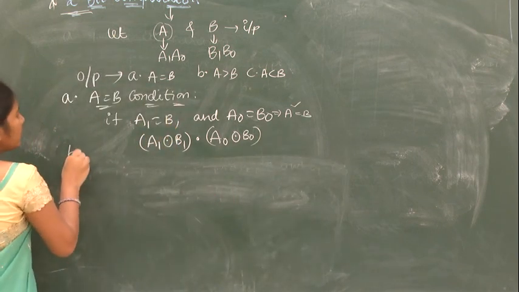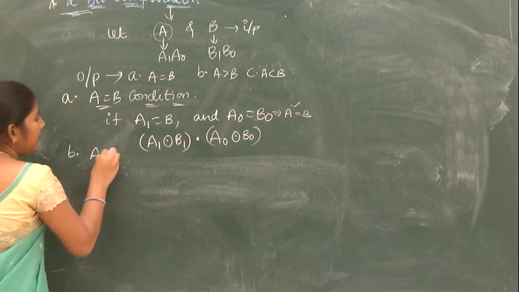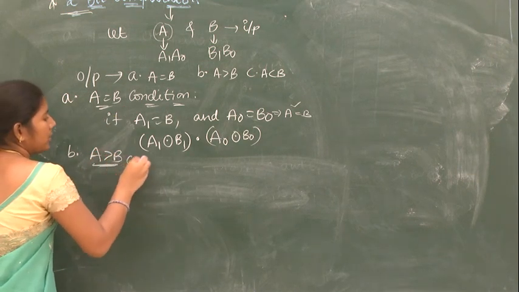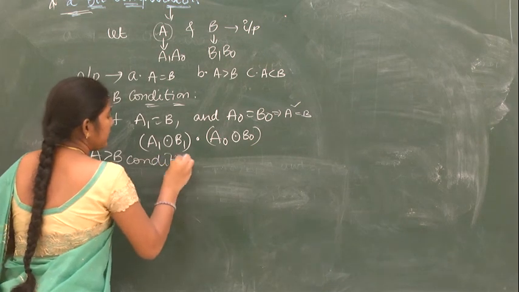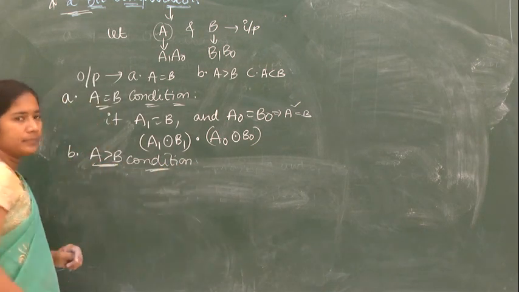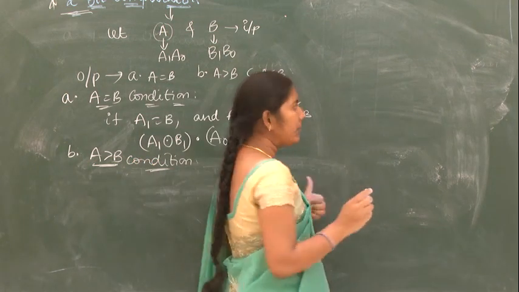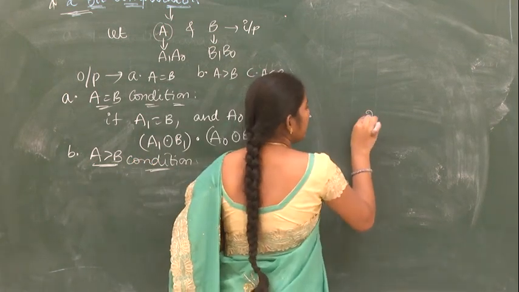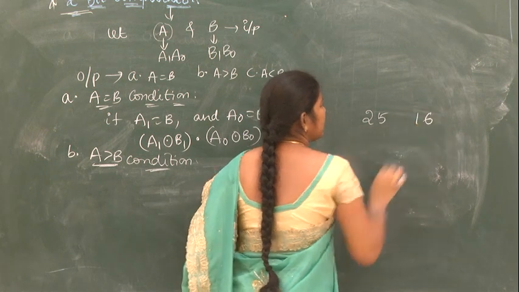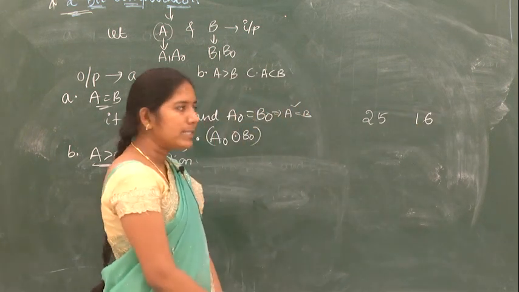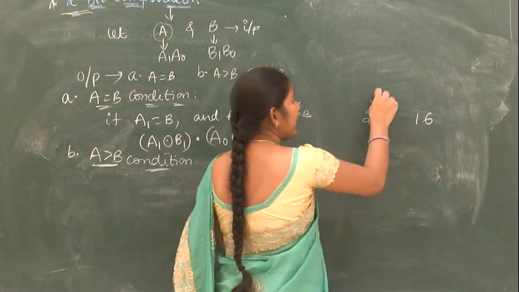And the second one is what? A greater than B. When we'll get this condition, I will tell you. Right. So, for better understanding of this condition, I am assuming I have two numbers, let's take 25 and 16. Which one is greater? 25 obviously, directly.